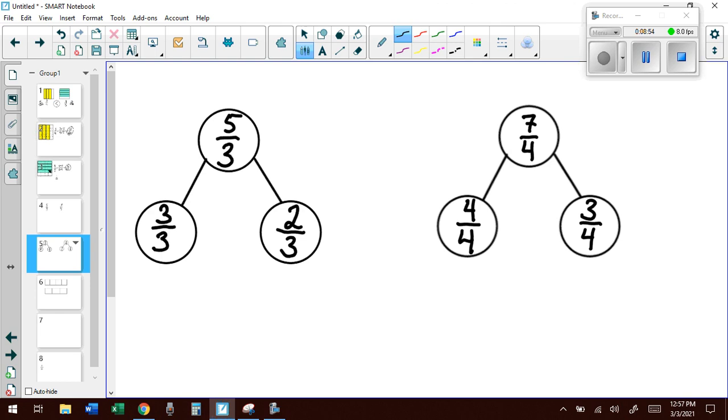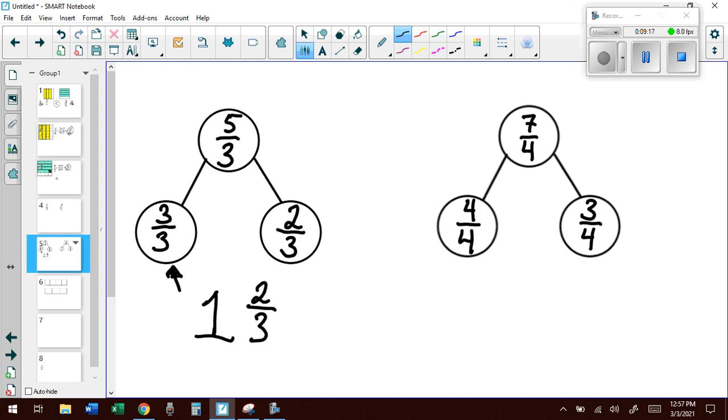So in 5/3, how many 1 wholes do we have? Just 1. So we have 1 whole, and how many left over? 2/3.